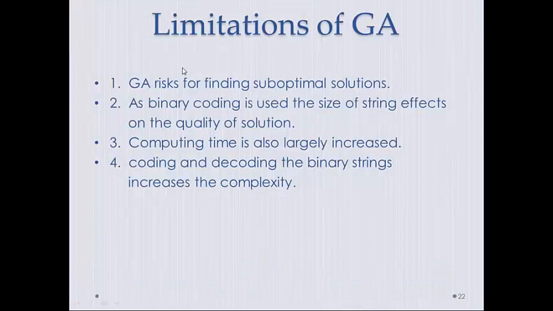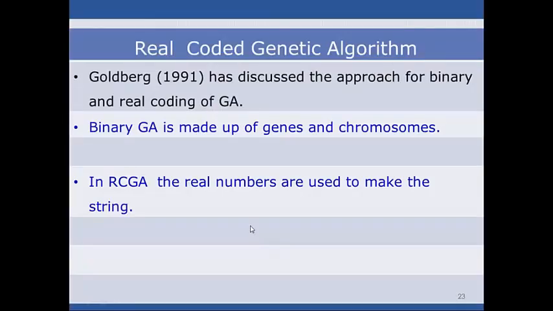Before going to the next slide, these are the limitations of the genetic algorithm. We all know this. Now, in this case, I have used a real coded genetic algorithm. Generally, in the genetic algorithm, we use binary code for the formation of the string. Every string is made using only the 2 digits, 0 and 1.